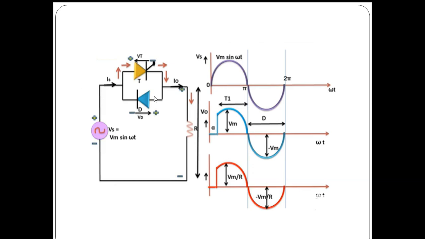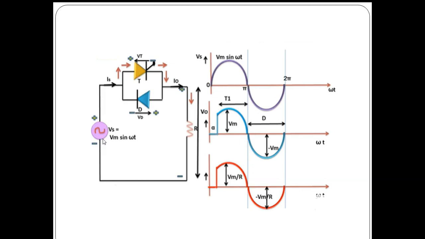So this circuit consists of a thyristor in parallel with a diode, and these are the waveforms of the single phase half wave controlled AC voltage controller.